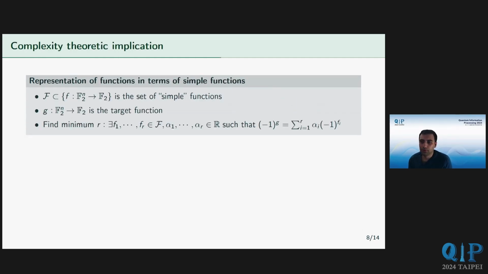Before talking about the proof, I want to talk about some complexity theoretic implications of our result. In general, there is a context of representing some target function in terms of some simple functions.